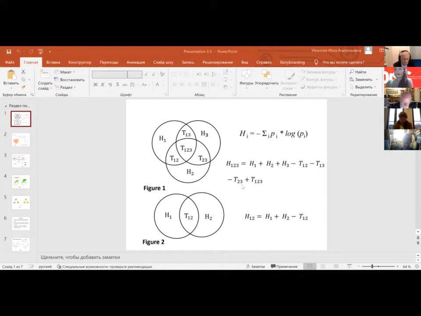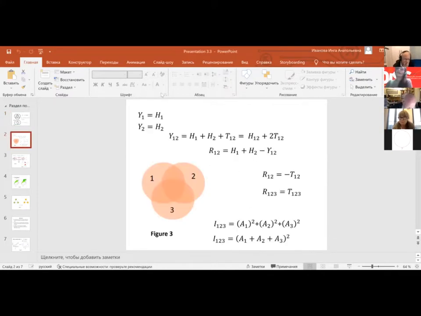But actually, this puzzle wasn't solved until recent times, and it was a very big obstacle. And then Loet proposed a way to solve this problem by adding the positive interaction.